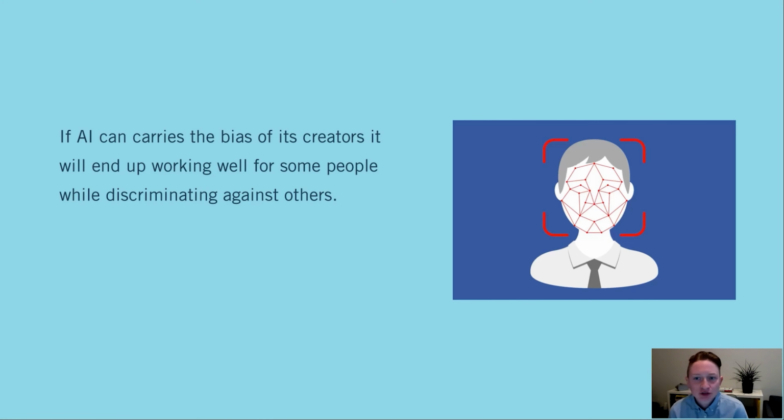For example, with artificial intelligence, we have to deal with the bias that the creators of that artificial intelligence put into it, basically. Because artificial intelligence is all about trying to teach machines to mimic the process of problem solving and decision making that humans do. The thing is that if you teach them to do it the way you do it, you're gonna also teach that machine the bias that you have.